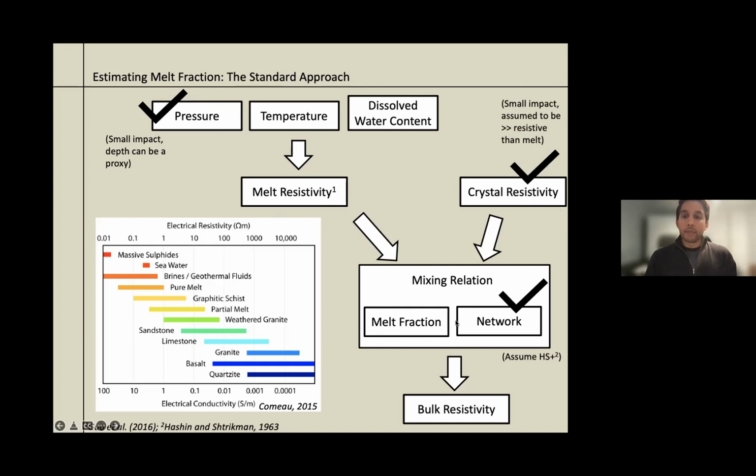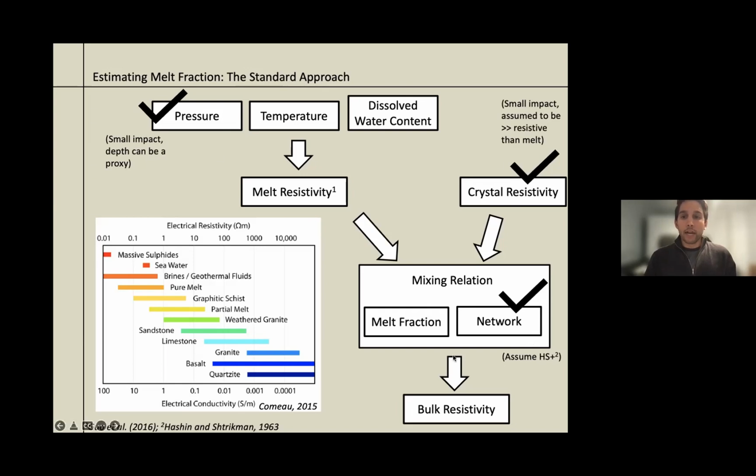Then we can make some assumption about the network, the way that the melt is connected within the crystals. Here I'm assuming a Hashin-Shtrikman upper bound, which is a theoretical model of well-connected melt. Another popular one that often gets used in the literature is Archie's law or modified Archie's law, and between Hashin-Shtrikman and modified Archie's law, you get quite similar results.